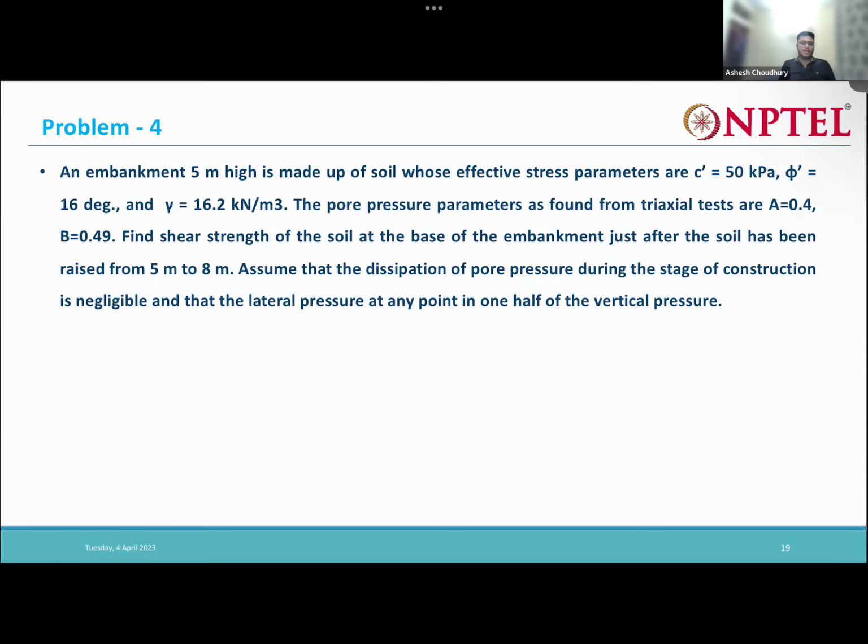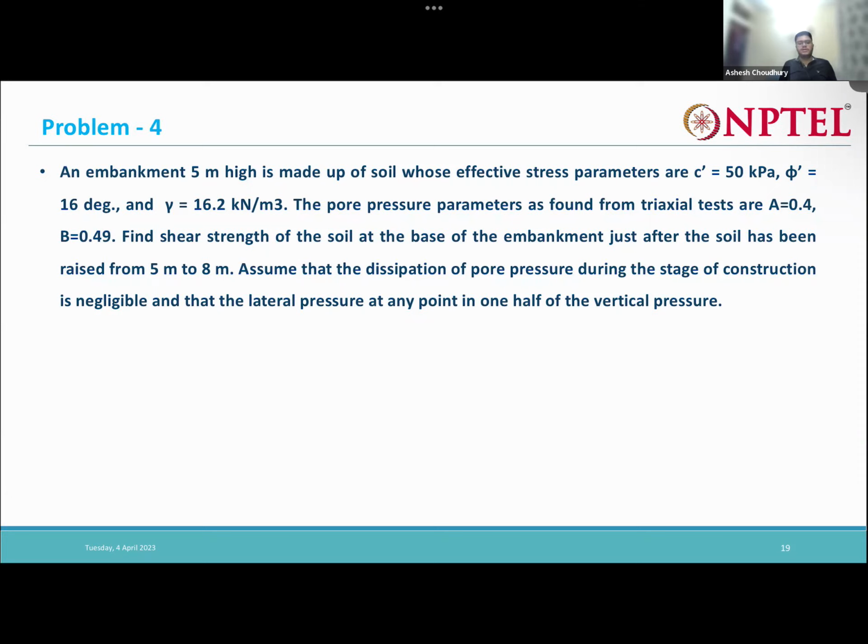Also, there is an assumption that the dissipation of pore pressure during the stage of construction is negligible. Okay, so undrained condition, right? So there is no dissipation of pore water pressure during the construction while the embankment is being raised from 5 meter to 8 meter.